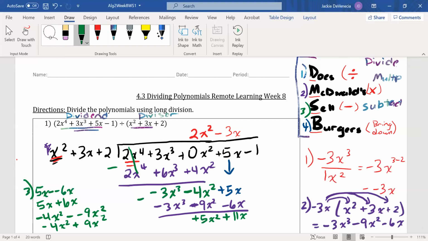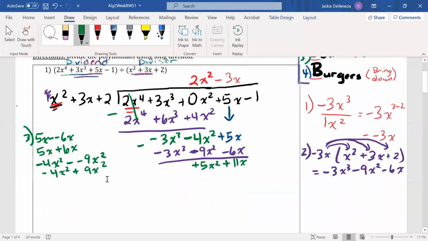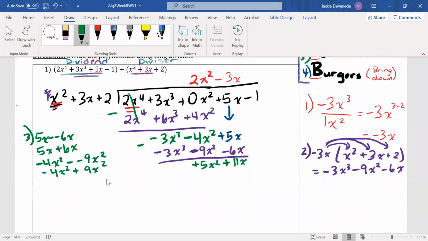And then over here, let me just bring this down a bit. I have a negative 3x cubed minus negative 3x cubed.